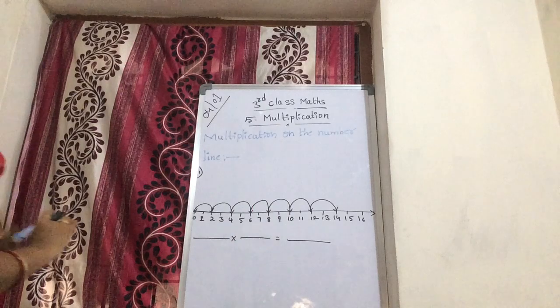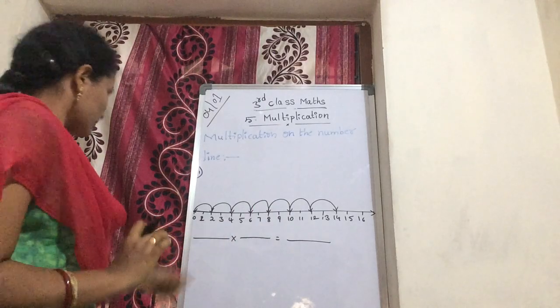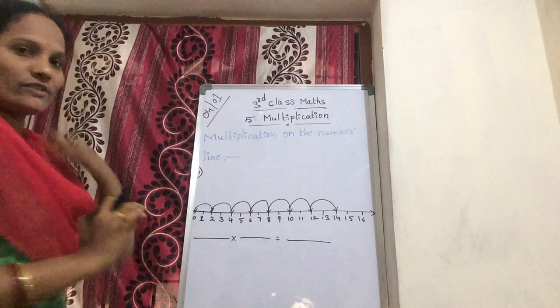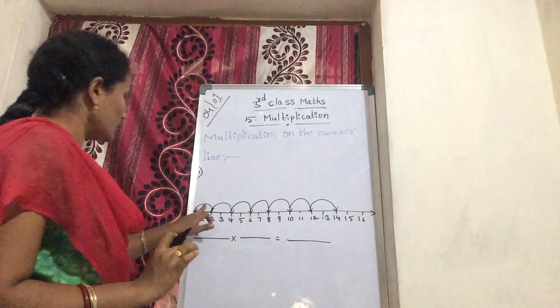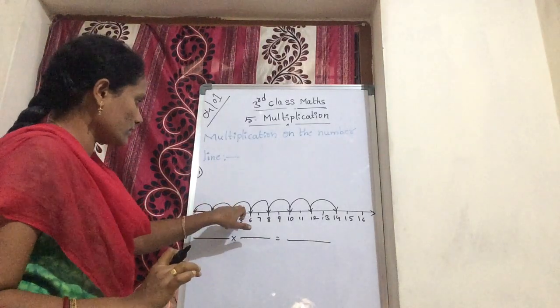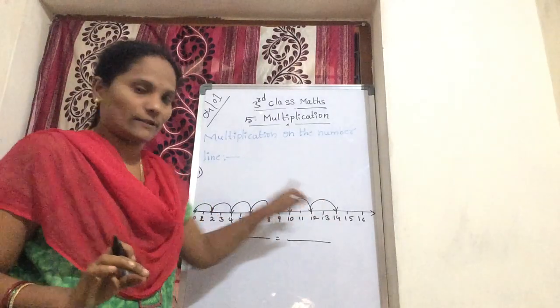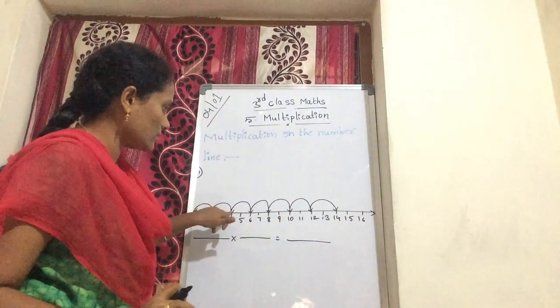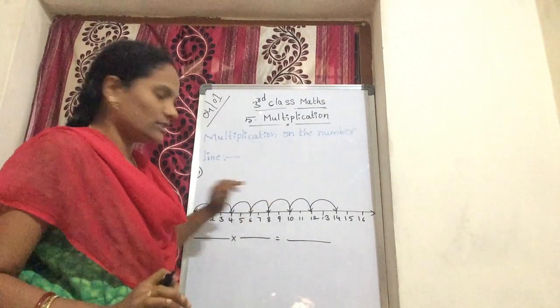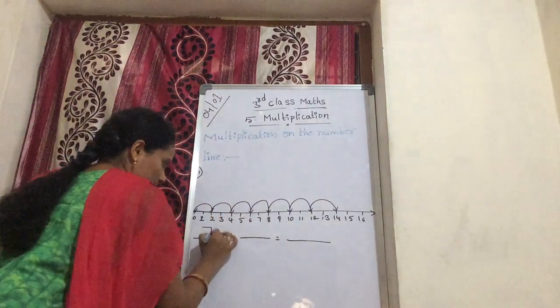Now tell me, children, here how many times repeated? First you check it. 1, 2, 3, 4, 5, 6, 7 times repeated. 7 times jumping on the number line. Okay, 7 times.